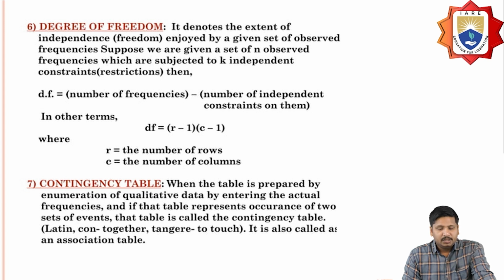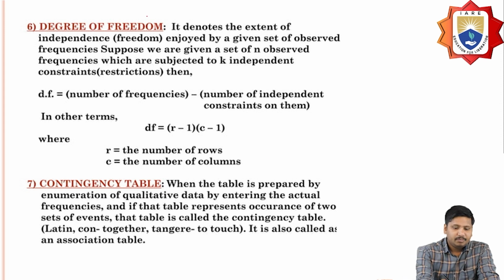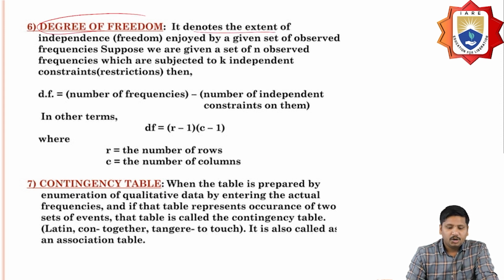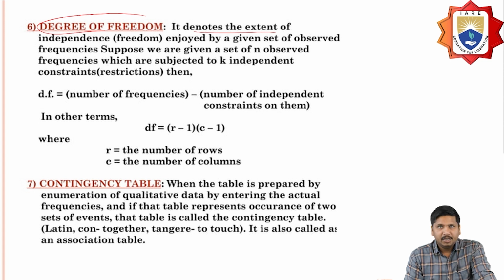And what is a contingency table? The degrees of freedom denote the extent of independence enjoyed by the given set of observed frequencies, where a set of unobserved frequencies is subjected to k independent constraints.